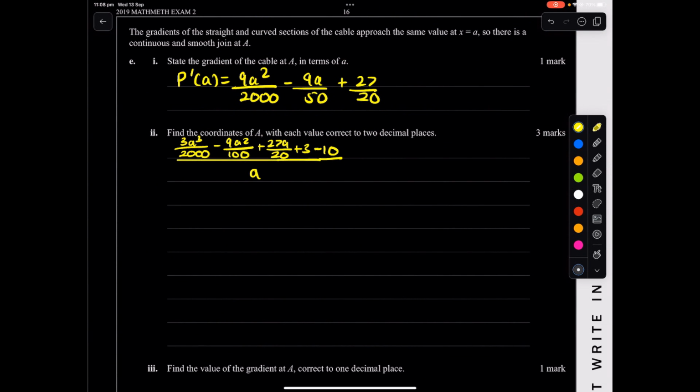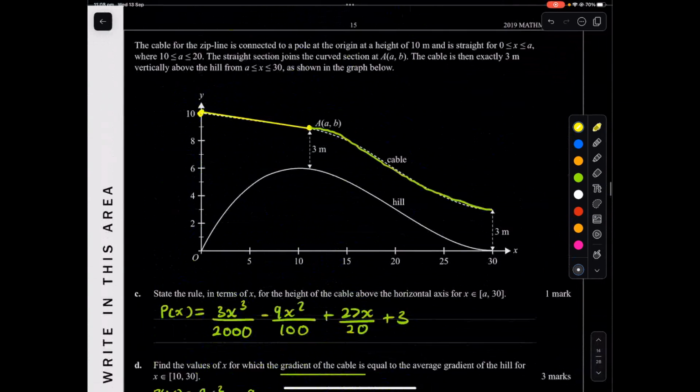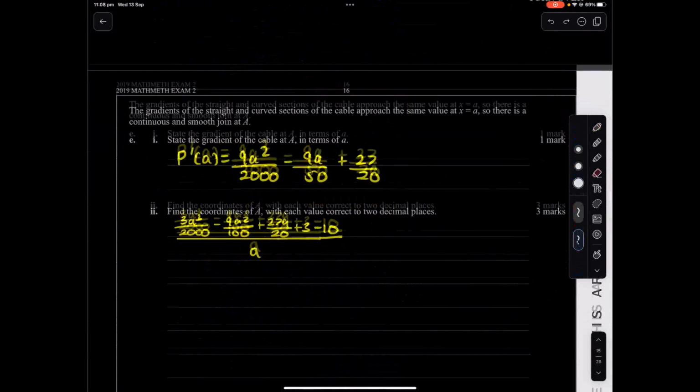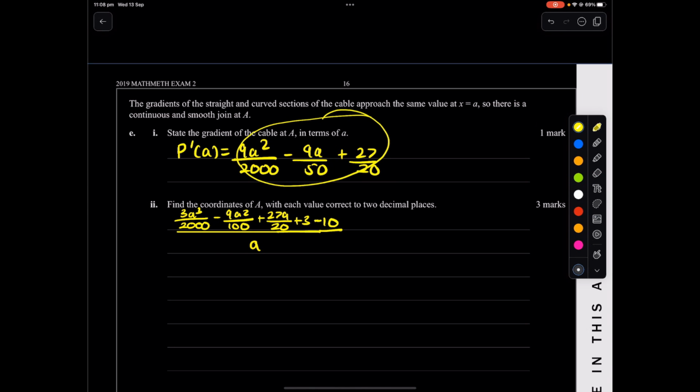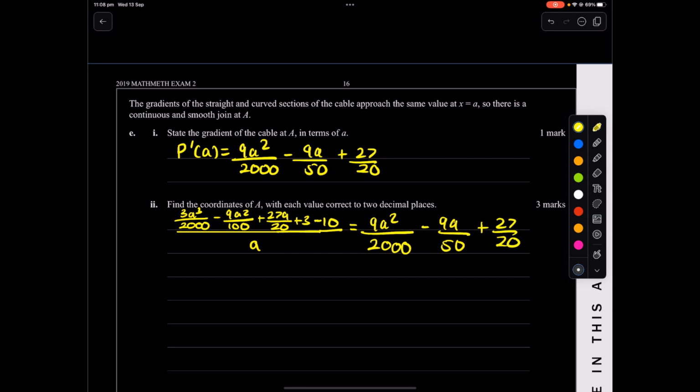So here this will give us our actual average gradient of this line. Because they are continuous, we already know the gradient at this point from this. So we can equate this to this. This should equal 9a squared over 2000 minus 9a over 50 plus 27 over 20. I hope that's right.